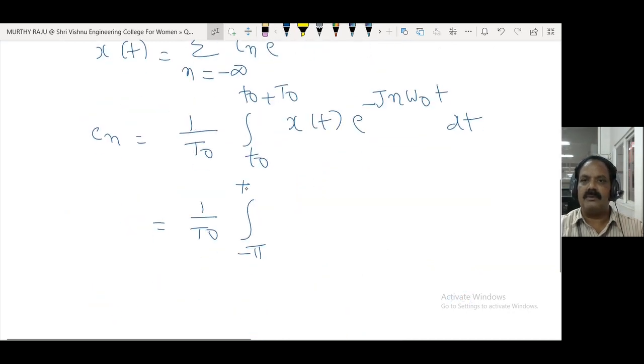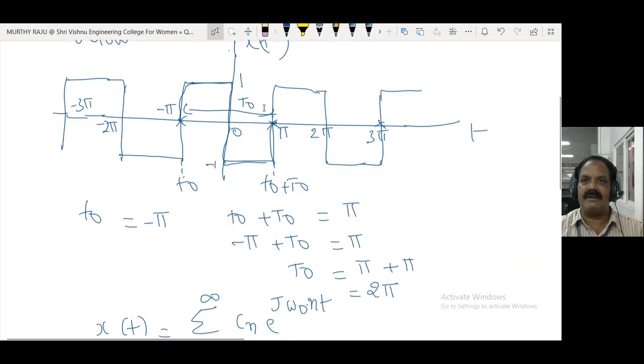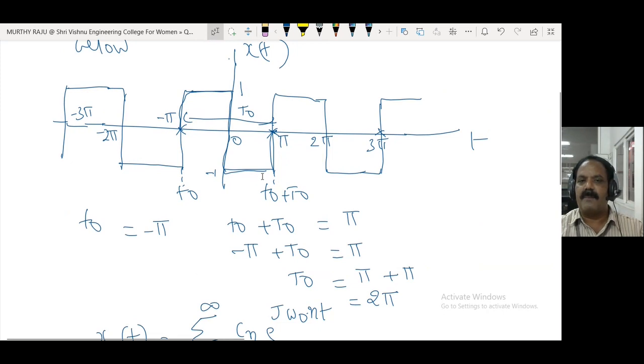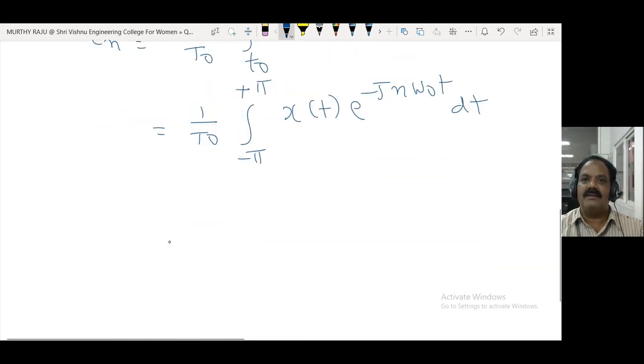Minus pi to plus pi is divided into 2 intervals: minus pi to 0 is one interval, 0 to pi is another interval. Here T0 is 2 pi, so 1 by 2 pi.